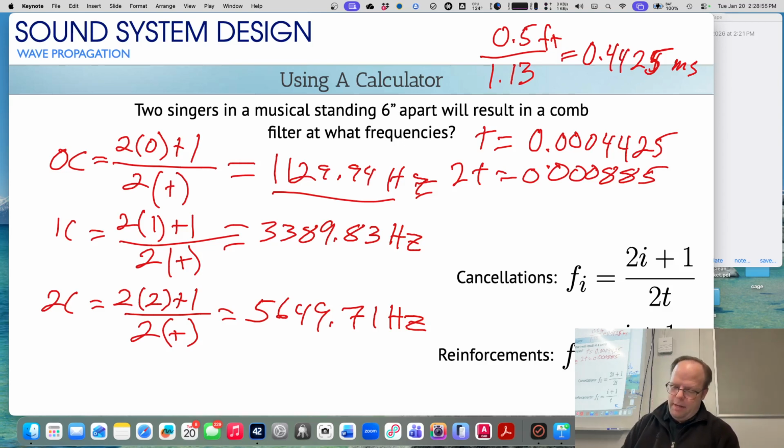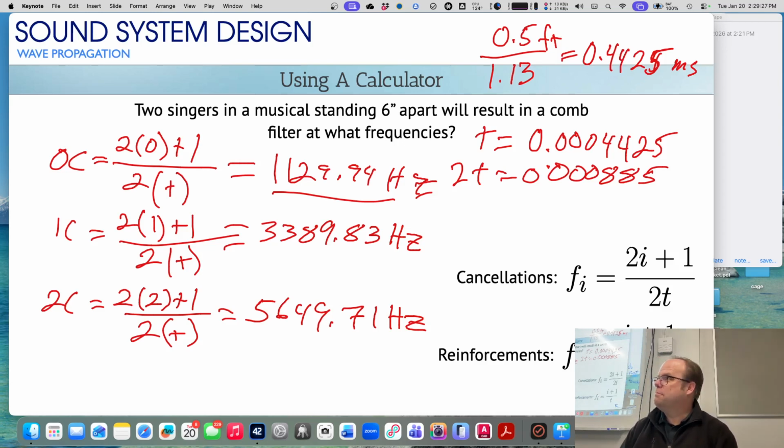This equation is meant to make it really dead simple. You don't have to understand what's happening in order to do this math. If you do enough of this math using this simple little equation, hopefully you see the patterns. Ultimately, if you can just figure out that first cancellation, all the other cancellations are just odd integer multiples of that.